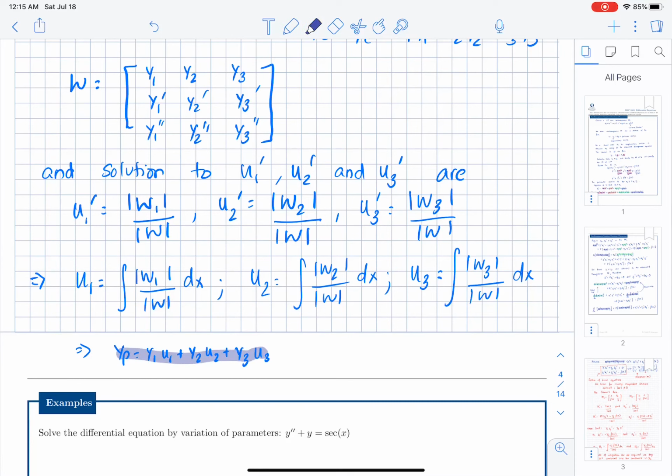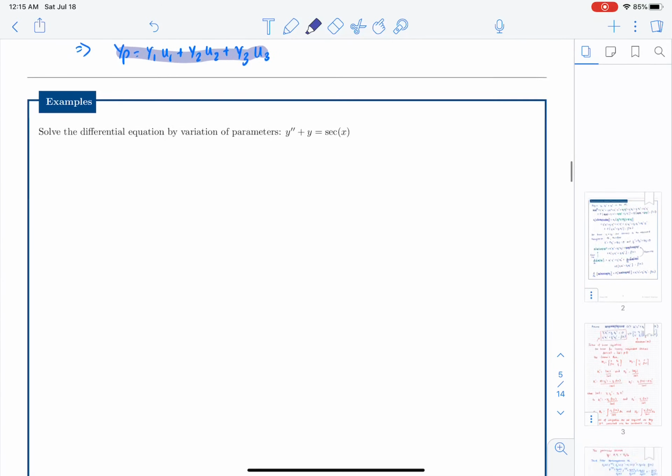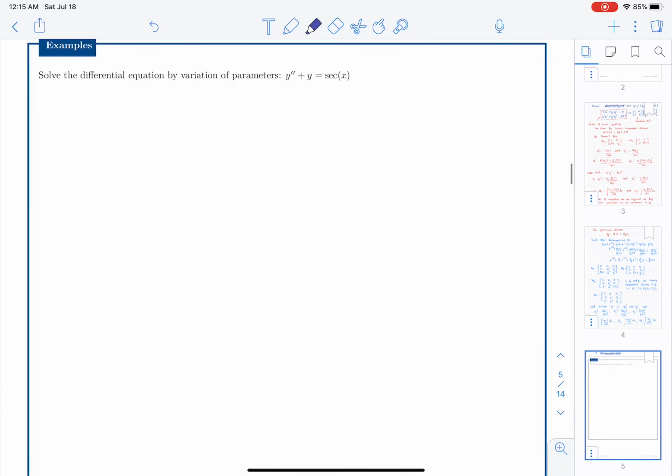Again, the particular solution does not depend on arbitrary constants. So that said, we can move on to an example and we'll try to solve this using variation of parameters.